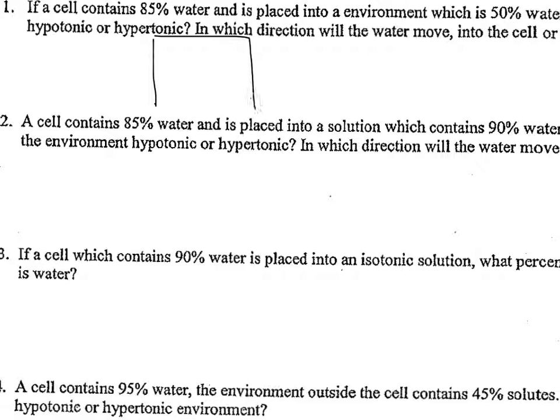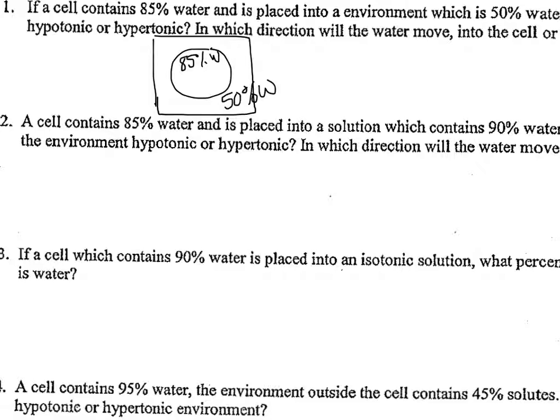Here's my beaker, and there's my cell. And in this problem, our cell contains 85% water, and it's placed in an environment with 50% water. And I always label water versus solute. It helps me keep track of what is what.